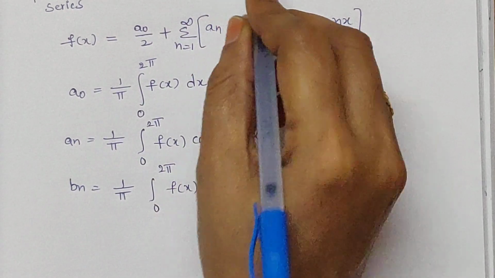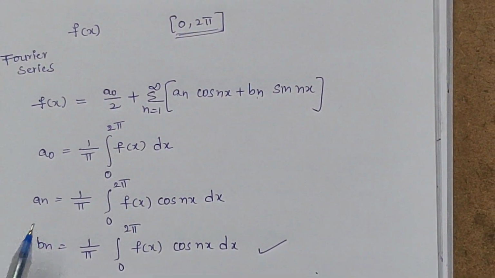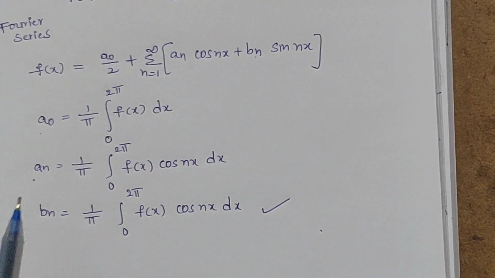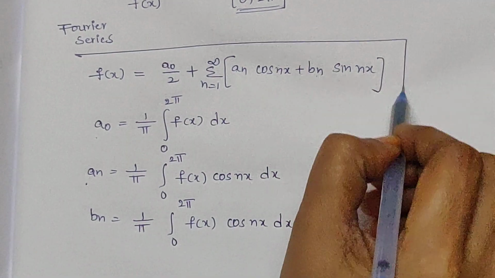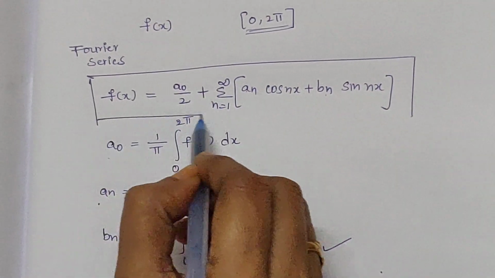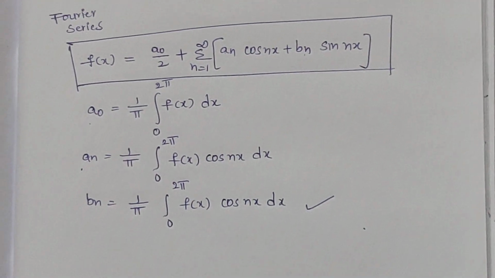If the interval is 0, 2 pi, we have to find the three Fourier coefficients a0, an and bn, and this gives the Fourier series expansion of the function f of x.